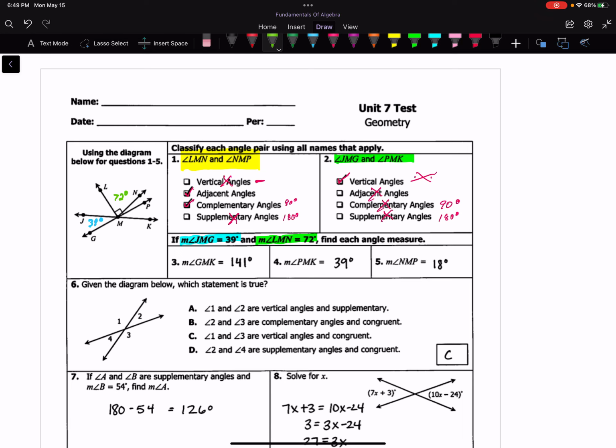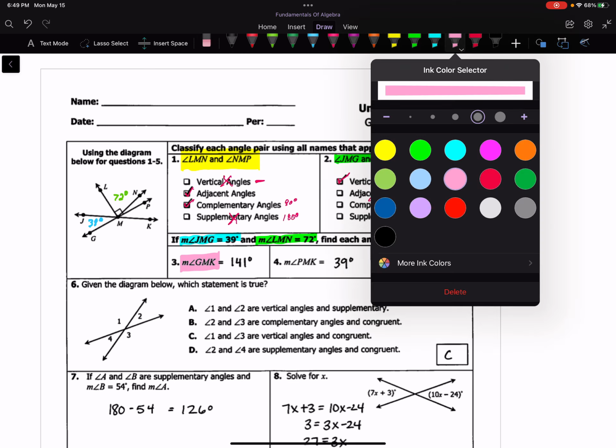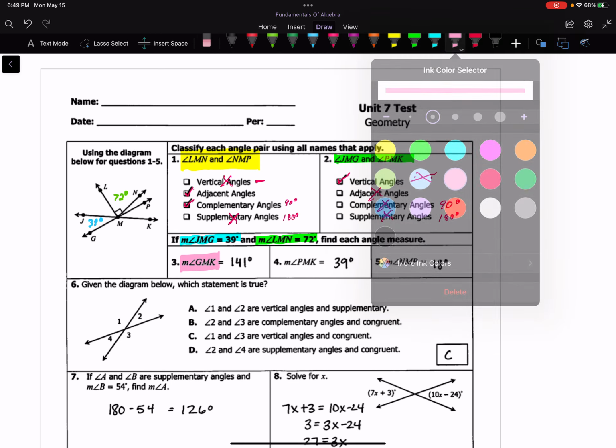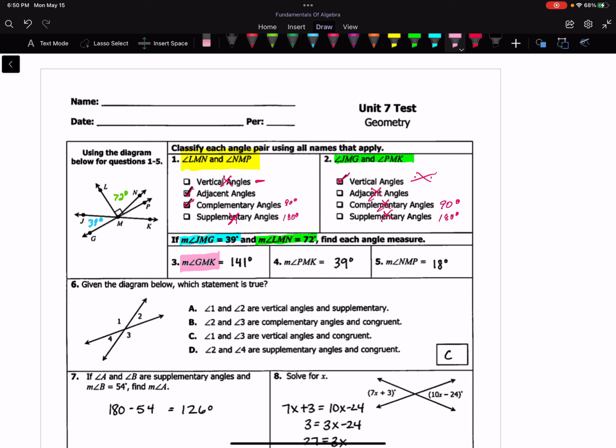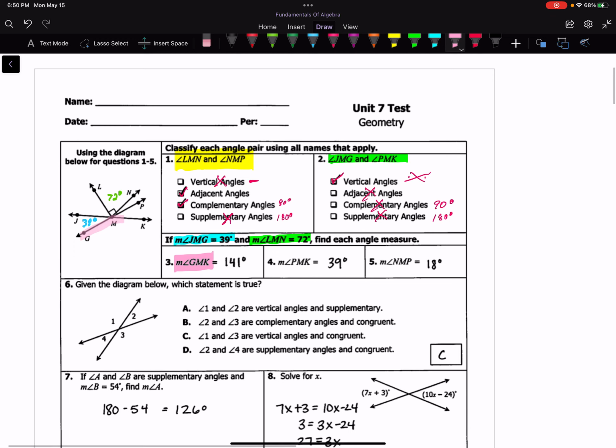So angle JMK, we'll put that one here. Let's go with red. GMK. There we go, I've got to get my letters correct. GMK, and let's make that a little smaller. Okay, so the highlighter, where's G at? Right here, MK.